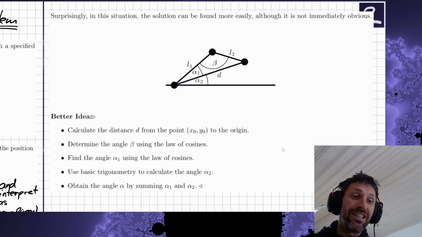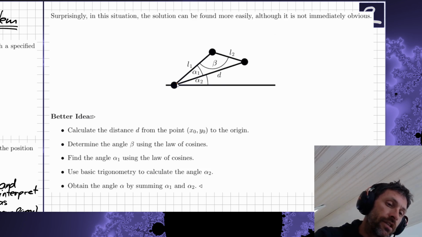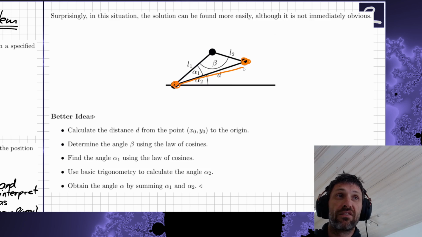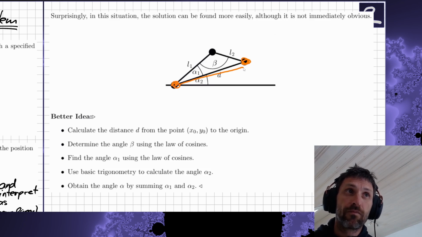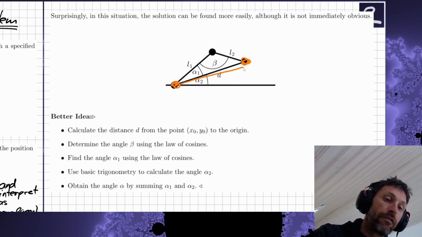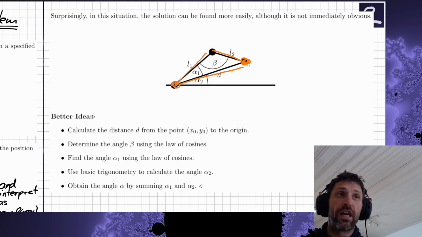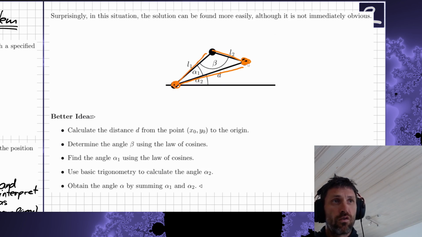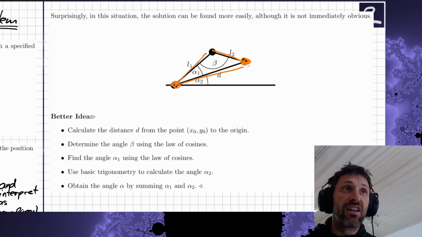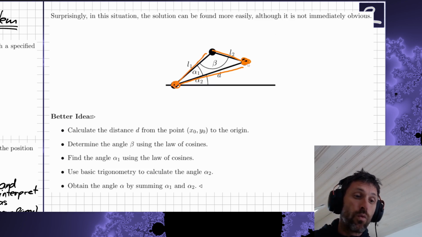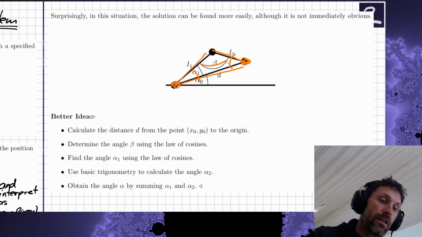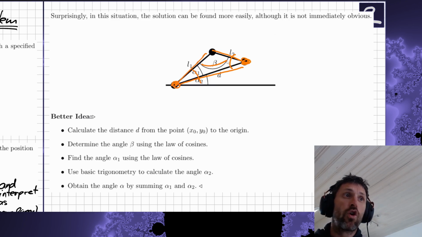What can we do instead? This is the origin. This is the given position. So what can we do? We can calculate that distance d. And if we have this distance d, on top we have L1 and on top we have L2. So this triangle, we know every side length, and thus we can calculate the corresponding angles, obviously.